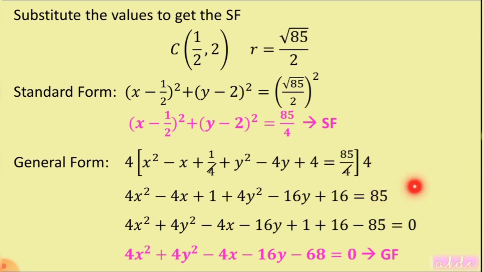So at this point, we are going to rearrange and combine similar terms. So we have 4x squared plus 4y squared minus 4x minus 16y. So we have 1 plus 16 is 17 minus 85 is negative 68 equals 0. So this is the general form.